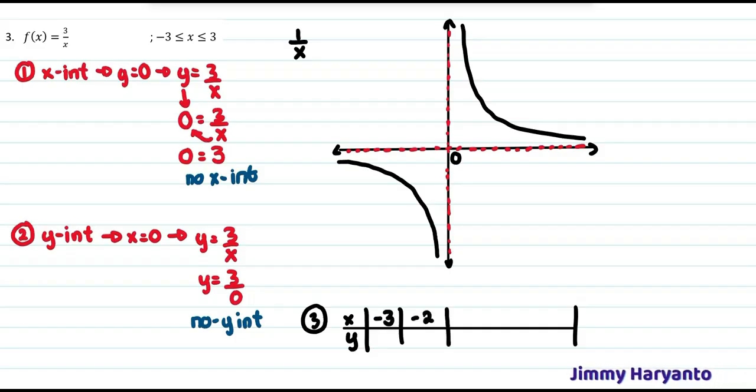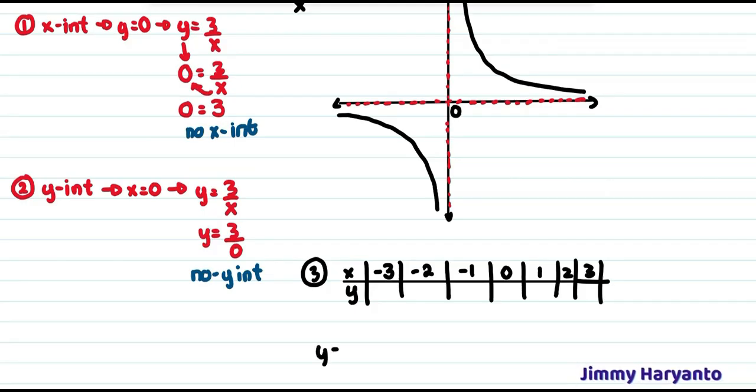That means -3, -2, -1, and then 0, and then 1, and then 2, and then the last one is 3. Okay, let's calculate when x equals -3. When x equals -3, the y will be 3 over -3, since the function is 3 over x. That means you only have to replace the x by -3.